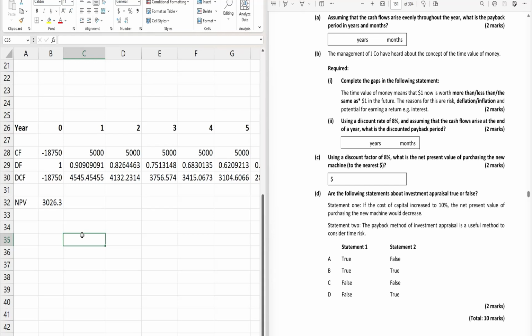Time risk means uncertainty over how long it takes to recover the investment. Obviously it's not fixed. The payback method focuses on how quickly a project recovers its cost, so it ignores any additional cash earned above our initial investment. That means it ignores the cash flow after the payback, but it does show how long the money is at risk. So in that sense, yes, payback does reflect time-related risks, even though it does not factor in the time value of money. So it's also correct.